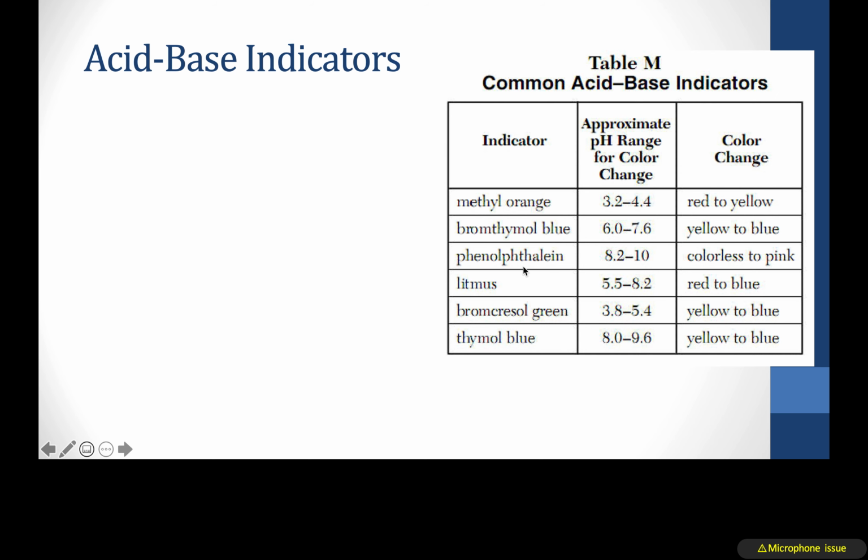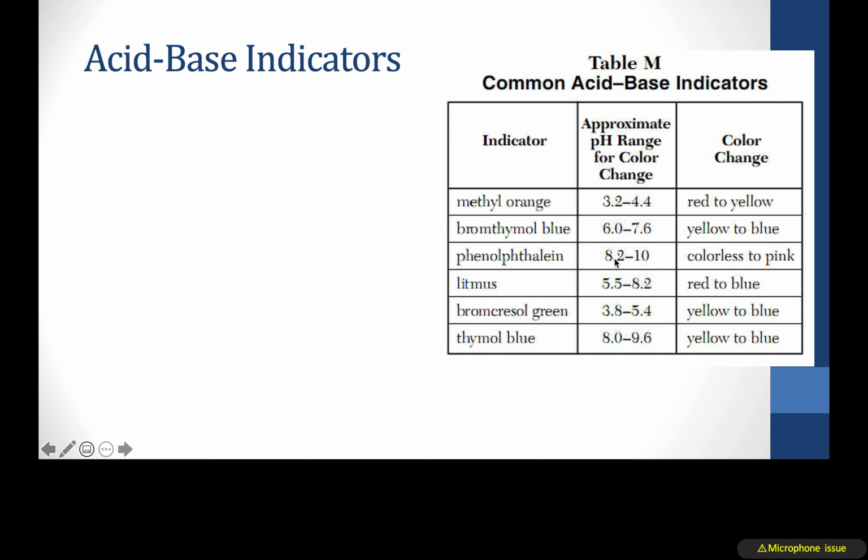Let's do phenolphthalein. It's a fun word. This one's actually really pretty when it's basic. If you put phenolphthalein in a solution with a pH anywhere from 1 all the way up to 8.2, it's going to be colorless, so you're not going to see it.